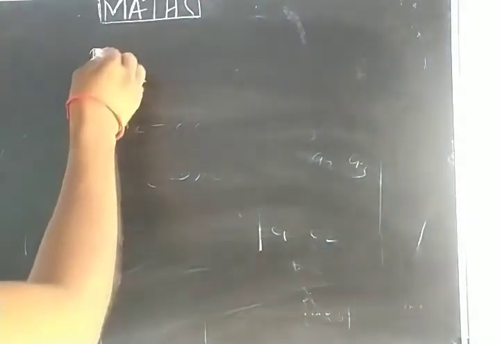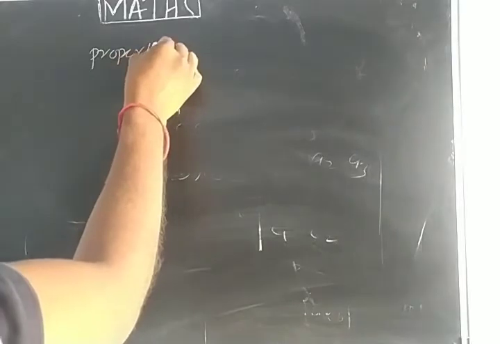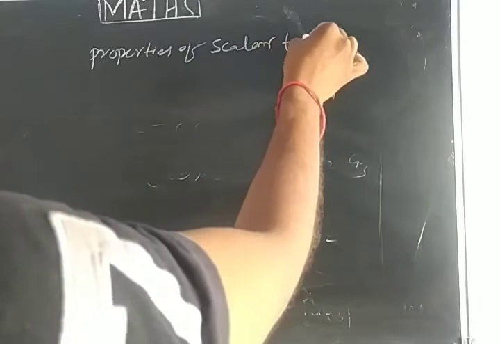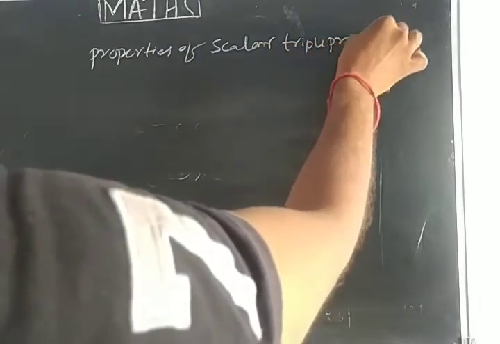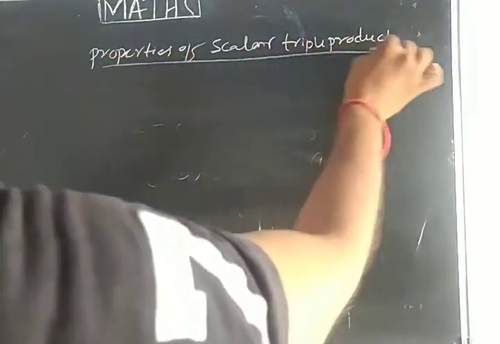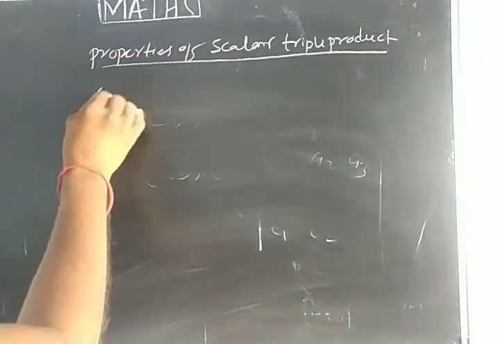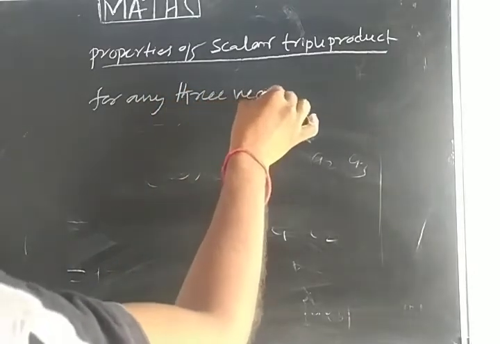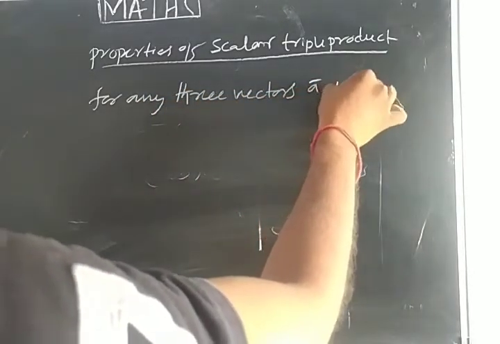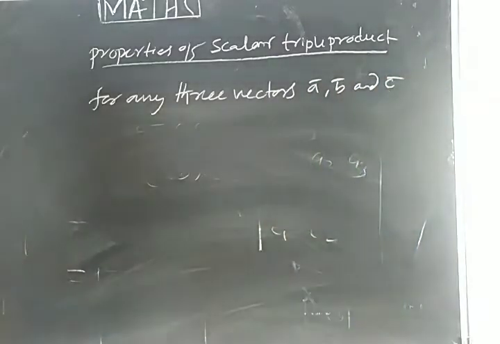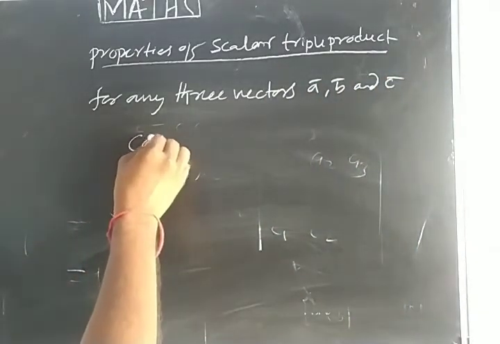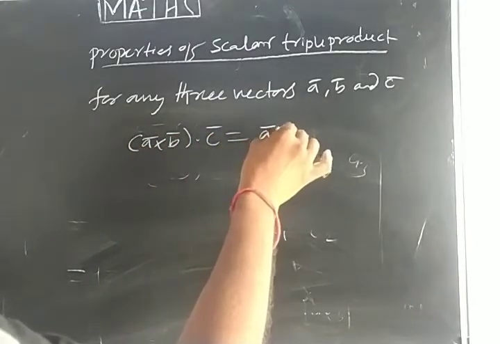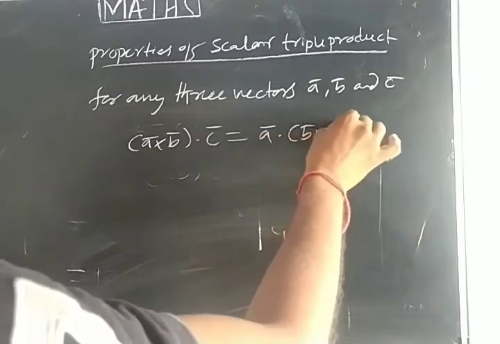For any three vectors A bar, B bar and C bar, A bar cross B bar dot C bar, you can take A bar outside and write A dot B cross C bar.